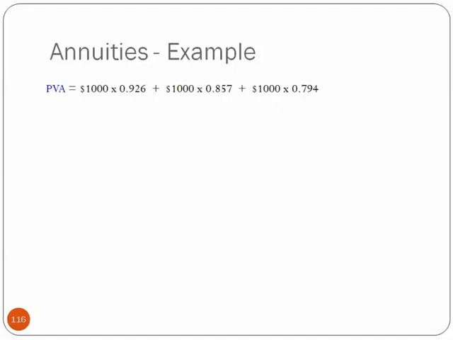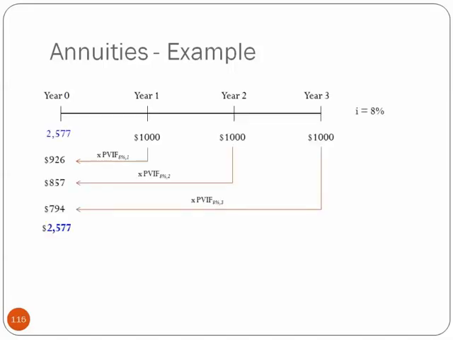So another example of what we just saw. So the present value of this annuity is equal to $1,000 times, and each of these terms next to them is simply the present value interest factor associated with that payment. So it's 1,000 times, right, I'm just going back to the previous page.